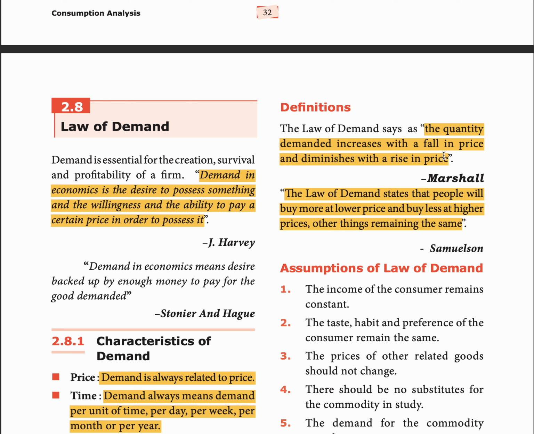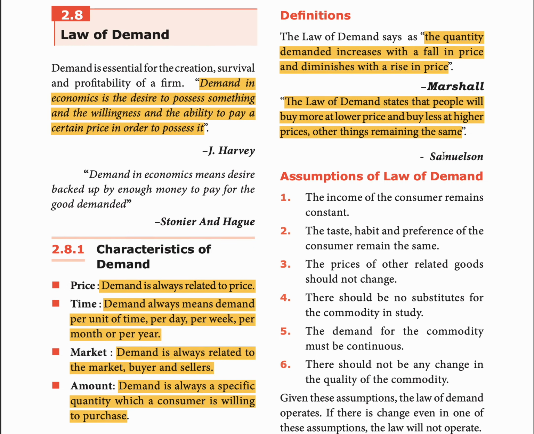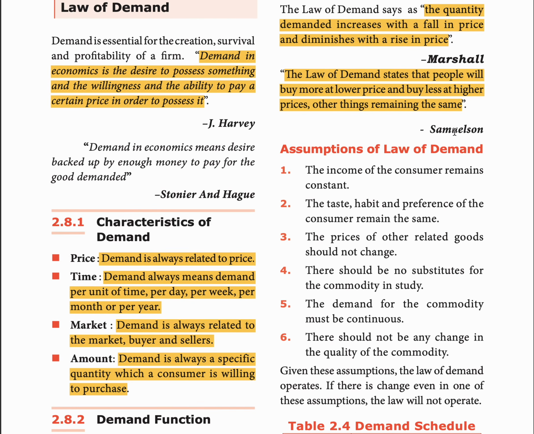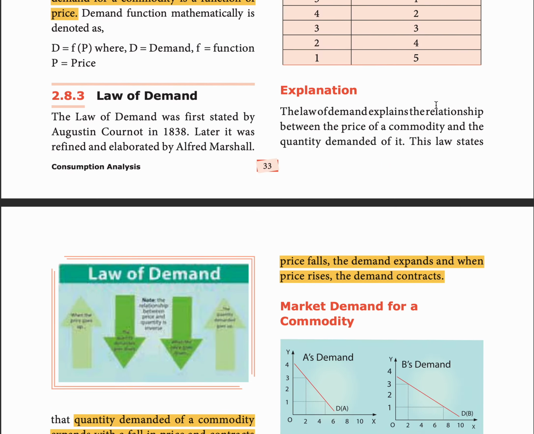So what the law of demand says is, suppose there is one commodity, and if the price of the commodity increases, then demand for that commodity will decrease, and if the price decreases, the demand will increase. So demand is inversely proportional to the price of the commodity. The law of demand states that people will buy more at a lower price and buy less at a higher price, other things remaining the same.